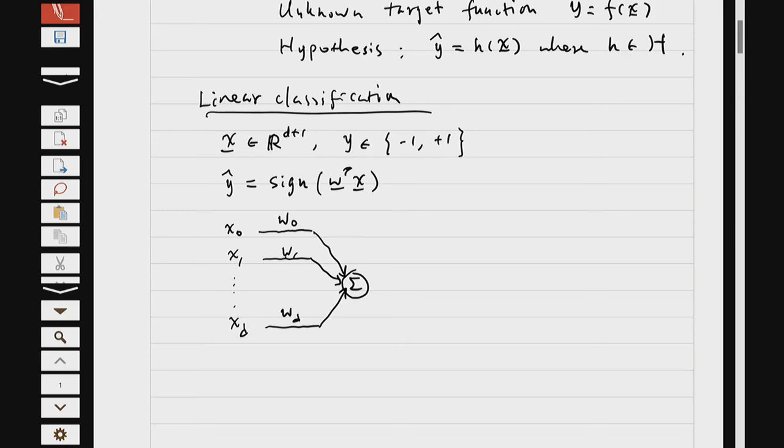We call this sum S, just for convenience, which we will use later.